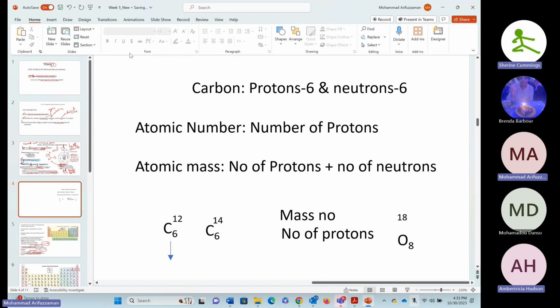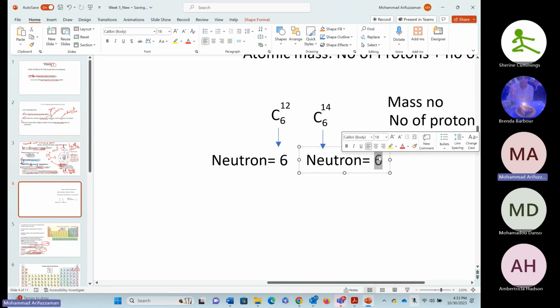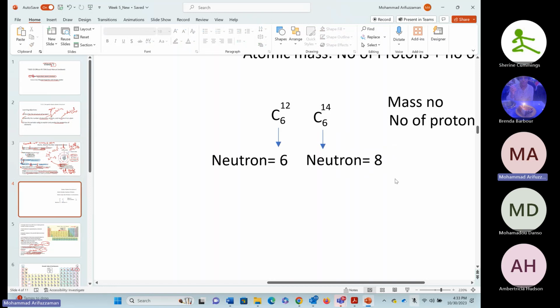So that's 6 for carbon 12, and the number of neutrons here will be 8 for carbon 14, because the number of neutrons is different but the number of protons is the same, if you can recall the definition.